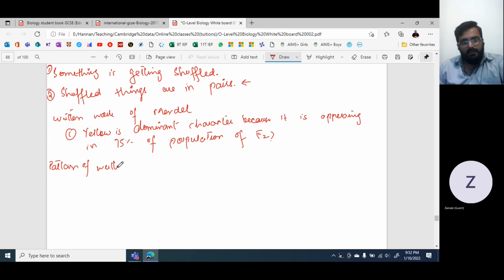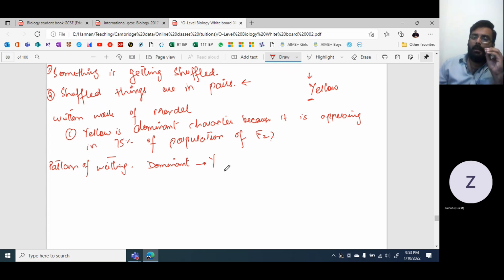Yes. So now the pattern of writing. अब pattern of writing देख लेते हैं. How to write the dominant? The dominant would be mentioned as only Y, but in capital. We would be taking the first alphabet of the dominant character, and that is yellow, and we would write it in capital form.